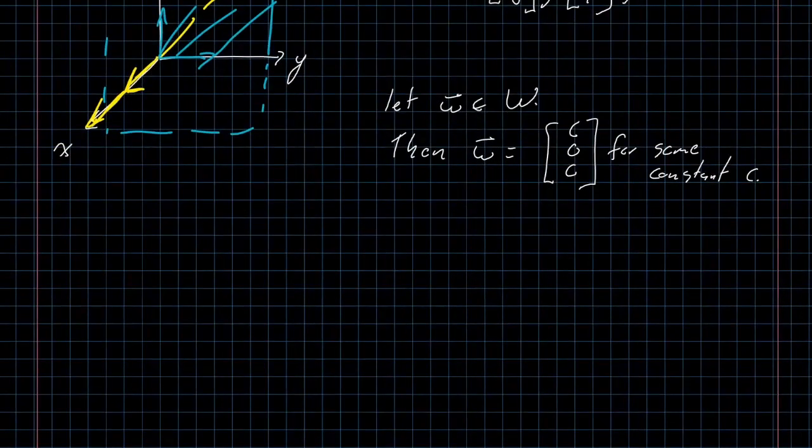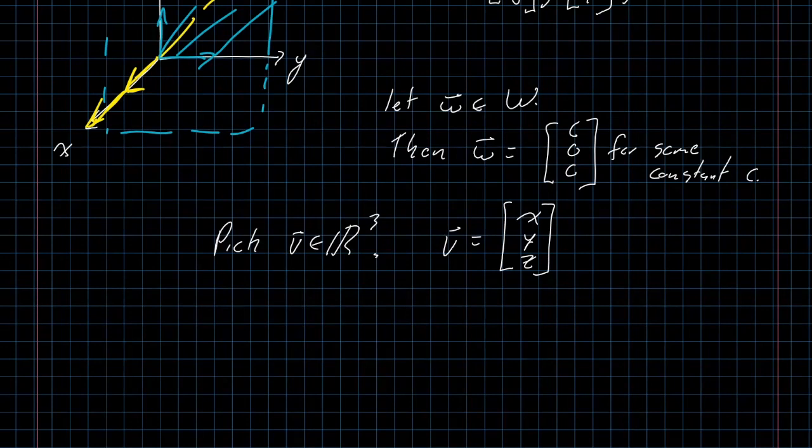Now, if we pick a random v in R3, we know that v has components x, y, z.